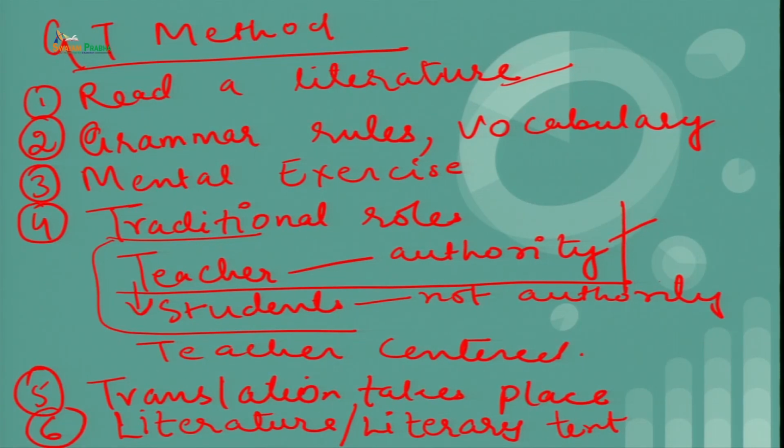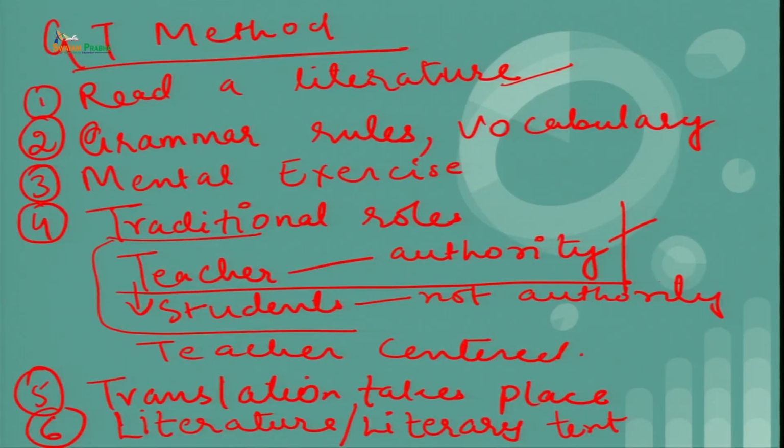And what is the role of the students' native language? Students, while reading the passage, translate it into the native language, and they do it vice versa also. So the native language is considered important, and it plays an equal role in language learning and teaching.